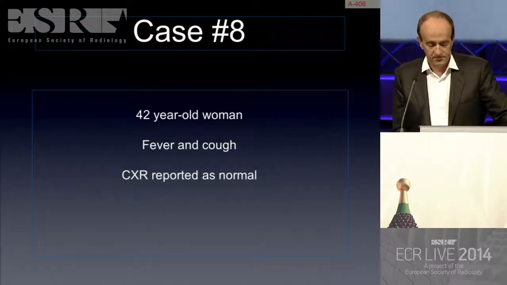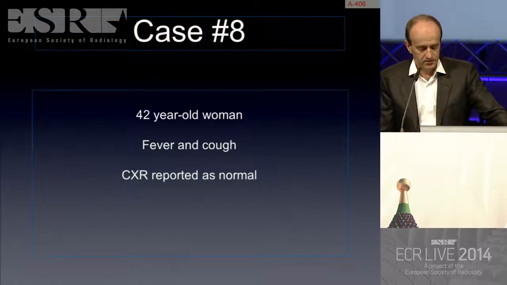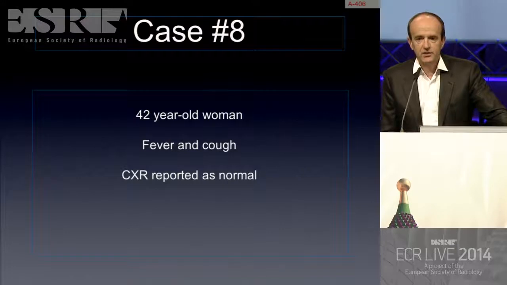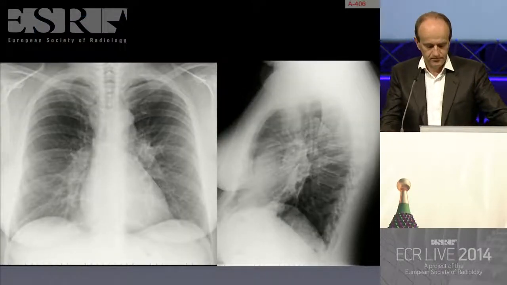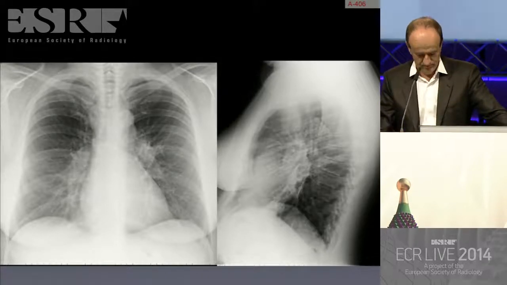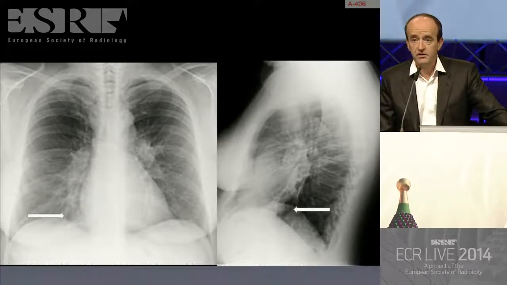Case number 8. It's a 42-year-old woman who had fever and cough, and the chest X-ray was reported as normal. Now that you are trained, I think you all have recognized this small consolidation in the right lower lobe.